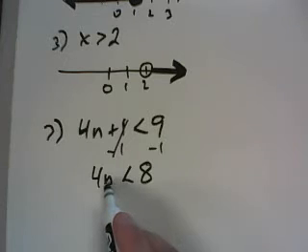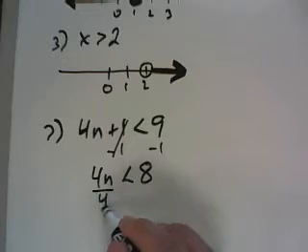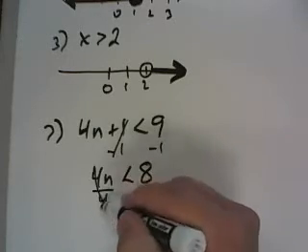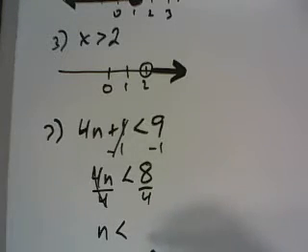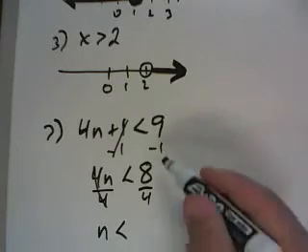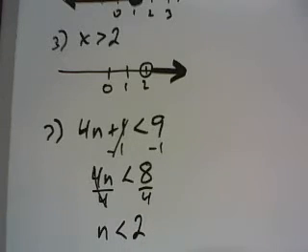Then we want to get the n by itself, but we still are multiplying by 4, and we undo multiplying by 4 by dividing by 4. If we divide both sides by 4, then on the left side, we have n. The sign stays the same throughout the whole process, and 8 divided by 4 is 2. So then they want you to, it says in the directions in 7 through 18, solve the inequality and then graph the solution.